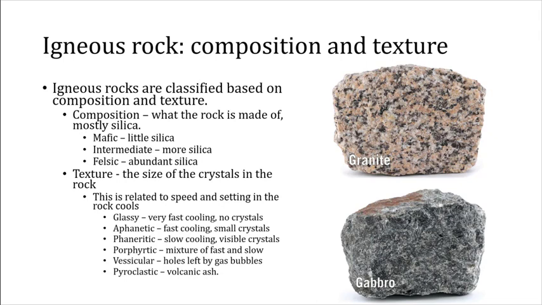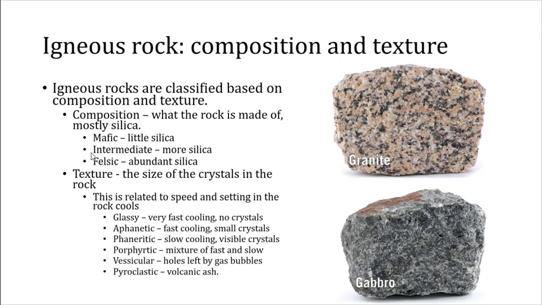Now, these silicate minerals can have varying amounts of silica in them. The ones higher up there, the things like olivine and pyroxene, don't have as much silica as, for example, feldspar or quartz, which is pure silica. Okay, so when we think about composition, we have three different categories. We have mafic rocks with very little silica.